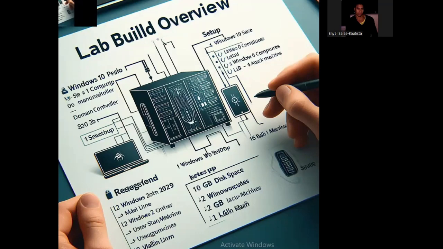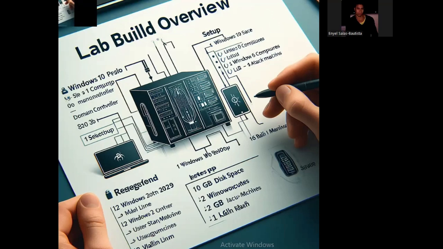We will have many machines, including a Windows 2019 domain server, two Windows 10 computers for user machines, a Windows 10 Pro base as the home base machine which will be hosting the virtualization, and a Kali Linux attack machine.